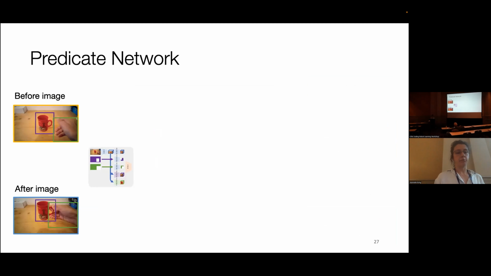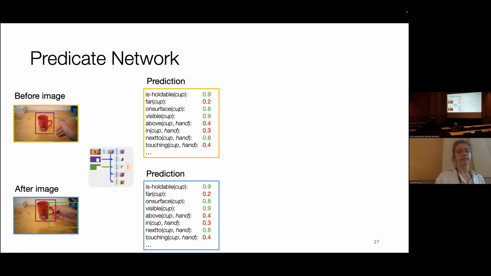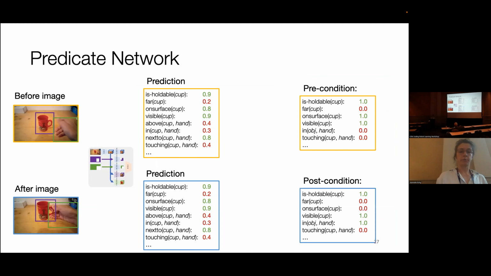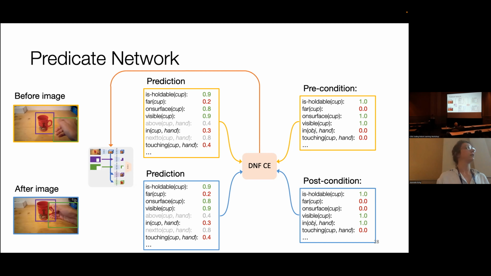The network then outputs predictions for the before and after state, and we compare this prediction to the partial state labels obtained from the pre and post condition disjunctive normal forms. Toki derived an entirely new loss function for this, based off the cross entropy loss between the predictions and labeled pre and post conditions, to train this predicate network. Then we update the weights and train it to convergence.